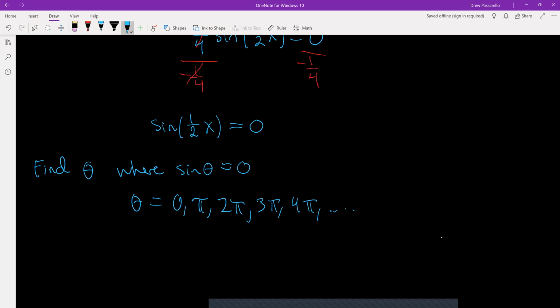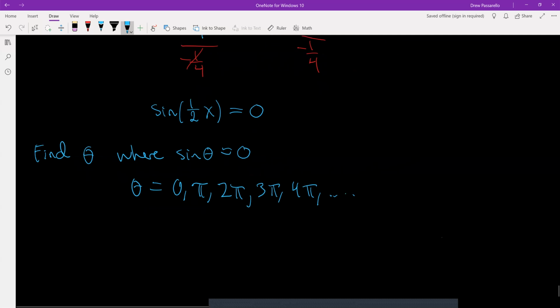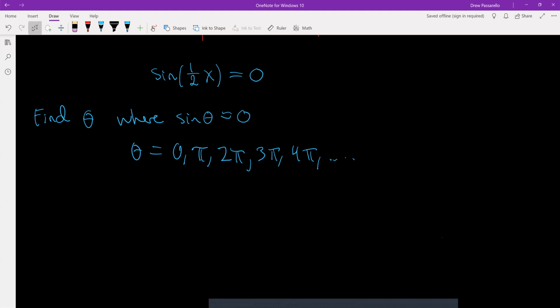You could also have negative pi, negative 2 pi, and so forth, but these are all multiples of pi. So sine of theta equals 0 when theta equals n times pi, where n is an integer.